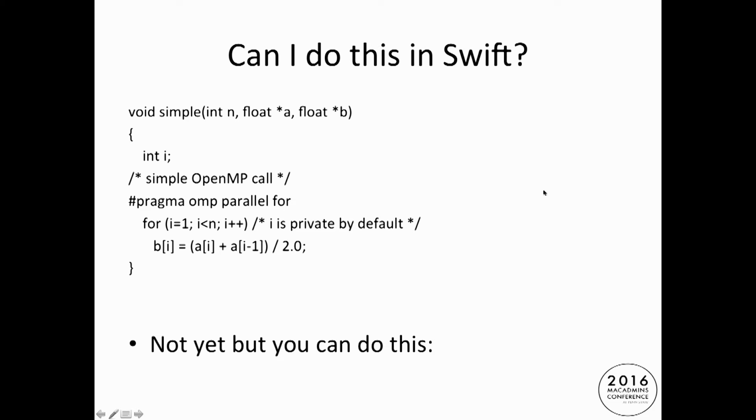This is a simple call for parallel programming using OpenMP. If you notice, there's a line in there called pragma OMP parallel 4. That's just a very simple call to OpenMP.